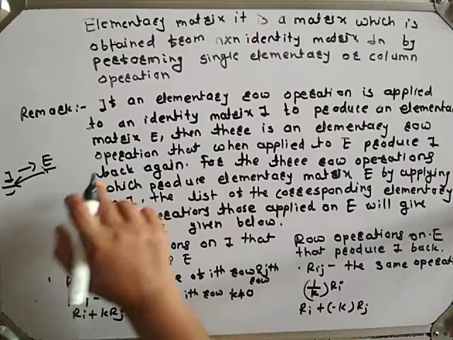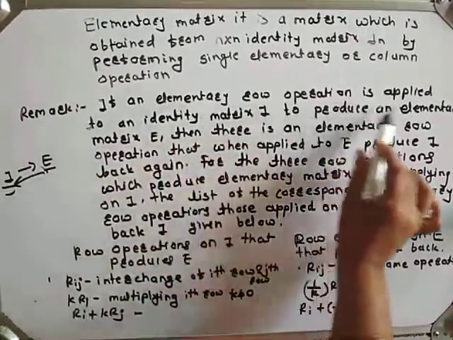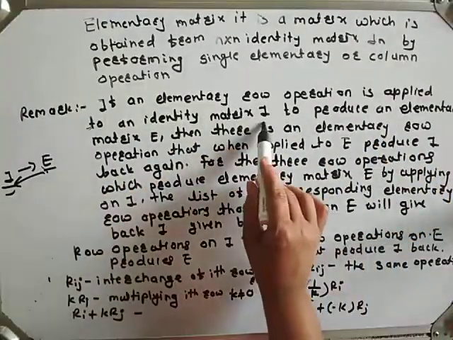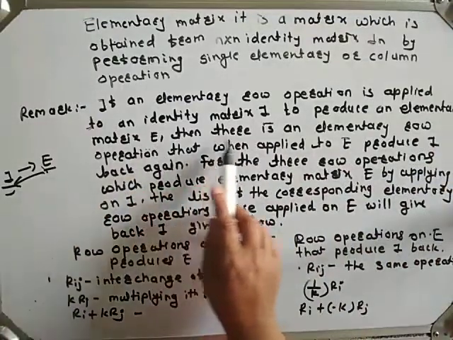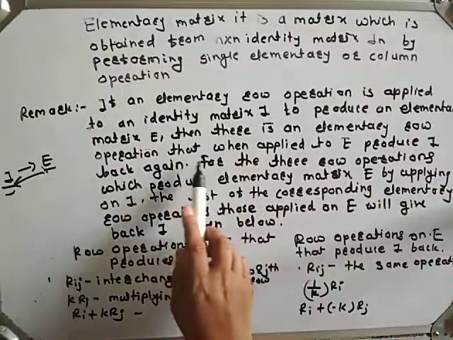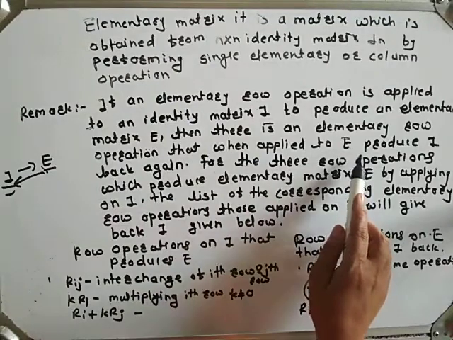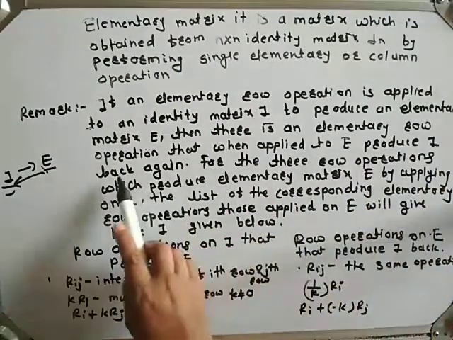See here, what is the remark? If an elementary row operation is applied on an identity matrix to produce an elementary matrix E, then there is an elementary row operation that when applied to E produces I back again.